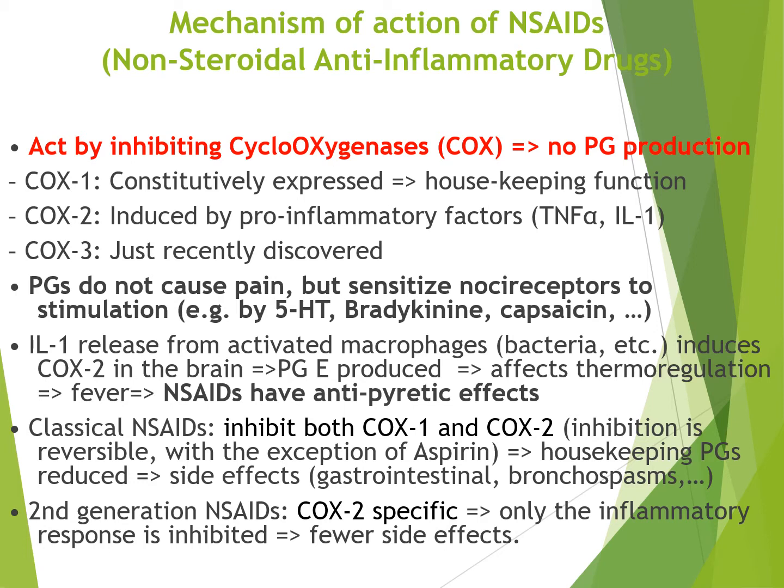Classical non-steroidal anti-inflammatory drugs inhibit both COX-1 and COX-2. Inhibition is reversible with the exception of acetylsalicylic acid, whose main name is aspirin. They lead to a decrease in the level of housekeeping prostaglandins and cause the main side effects: gastrointestinal effects and bronchospasm.